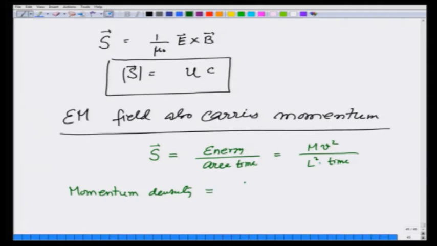Momentum density, which is going to be m v over L cubed, that is the dimension. This is related to the S vector as S over c square, where c is the speed of light.